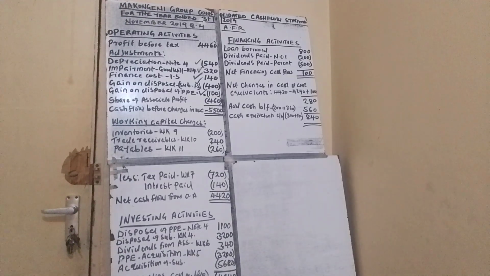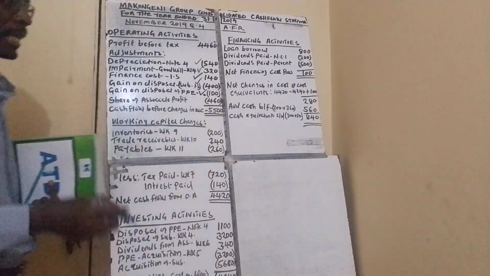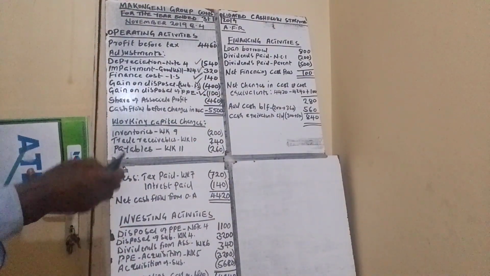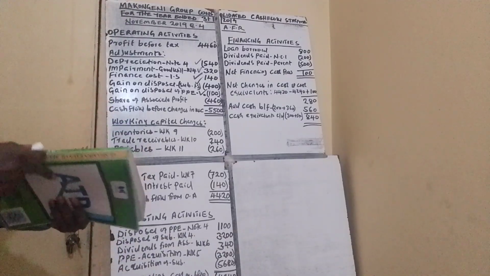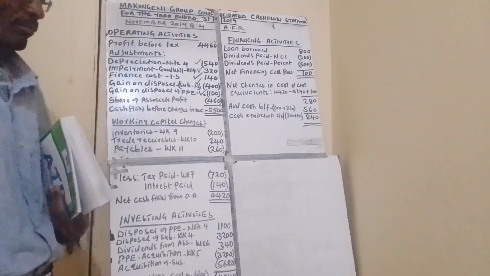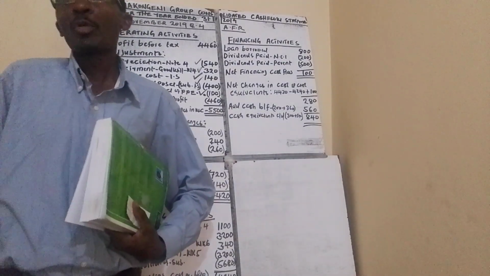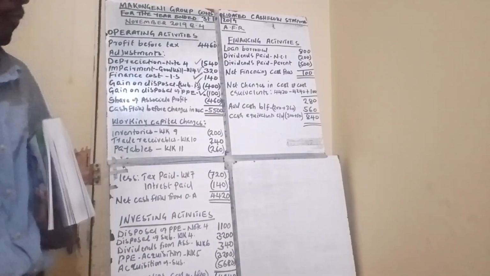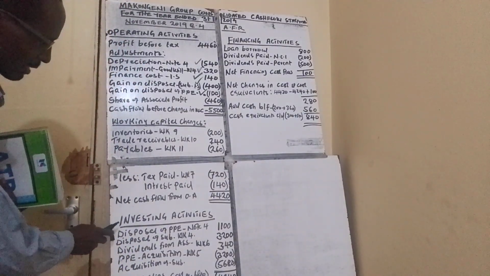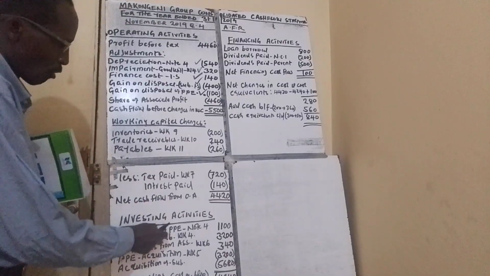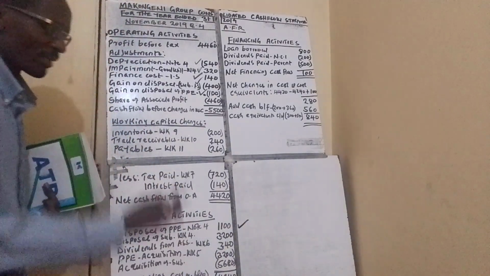1100 minus 1000 is a gain of 100. Now remember, the actual cash that you receive goes to the investing activities, because investing activities deals with acquisition and disposal of non-current assets. That is why when you come to the investing activities, you find disposal of PPE, note number 4, 1100.